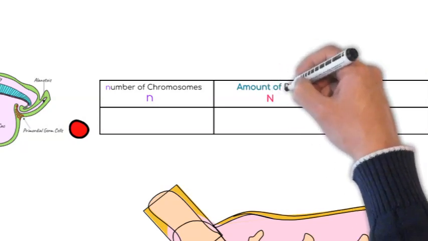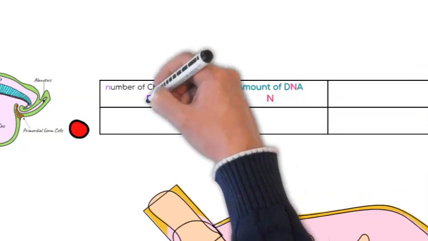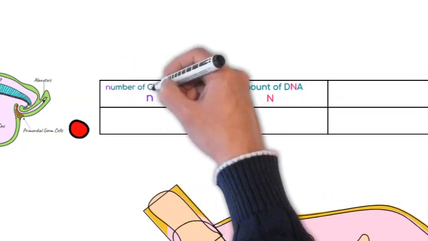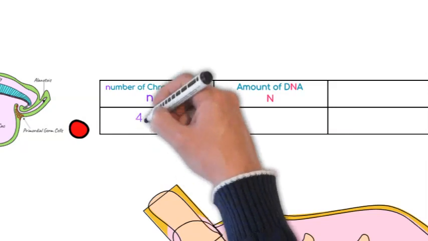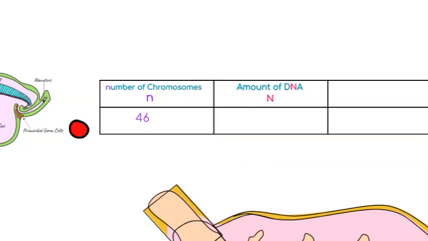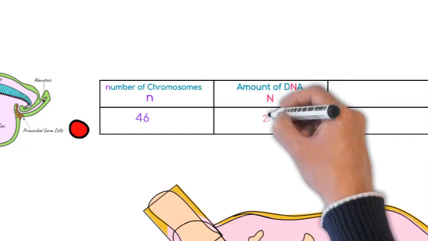Okay. And then the small n refers to the number of chromosomes present in a cell. So in this particular cell, in your cells at that point, have 46 chromosomes. You remember that? Okay. 46 chromosomes. So that is the number of chromosomes.